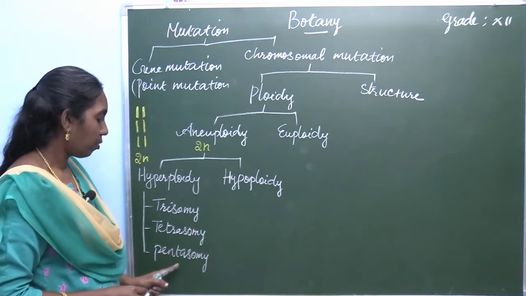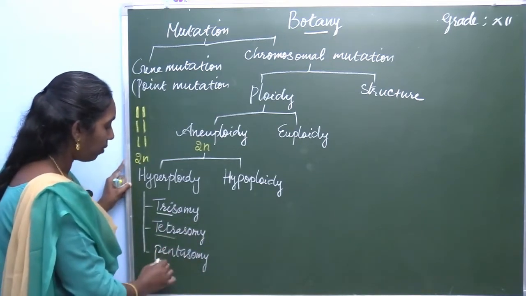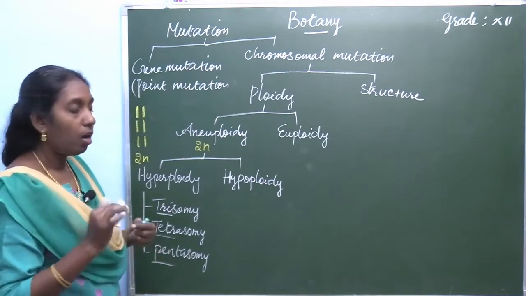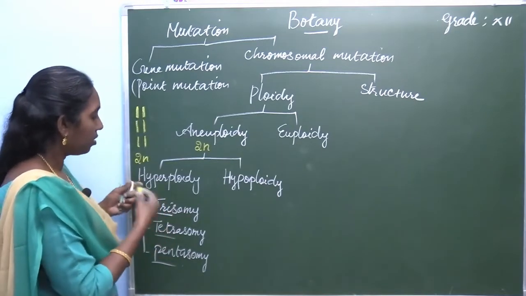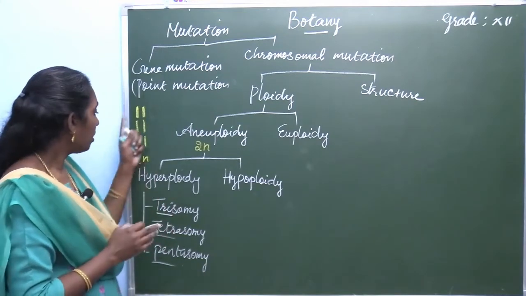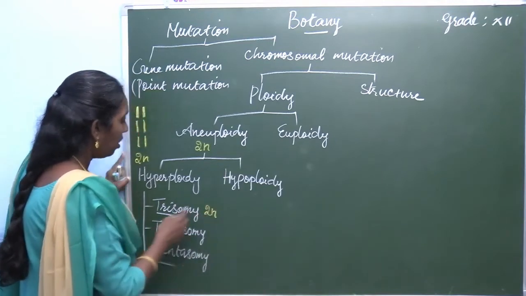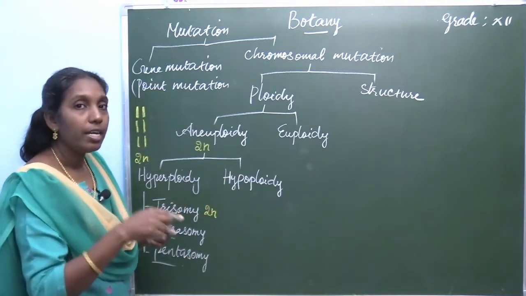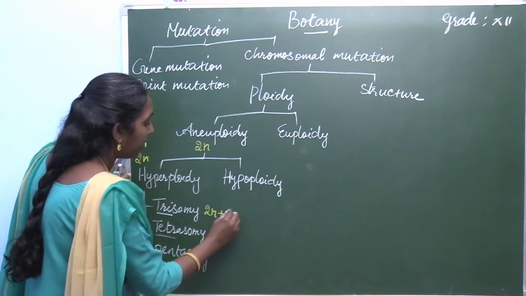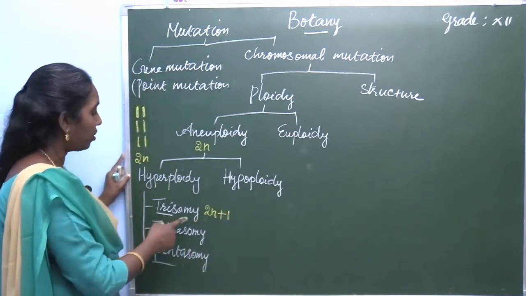You know that tri is 3 in number, tetra is 4, penta is 5. How is it an alteration in number? Within a normal set, the diploid set is 2n. In trisomy, if an individual chromosome is added, it is 2n plus 1. So it becomes 3, trisomy.